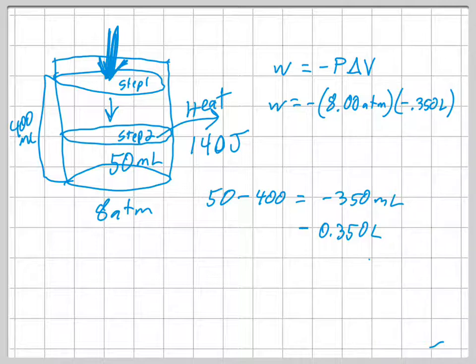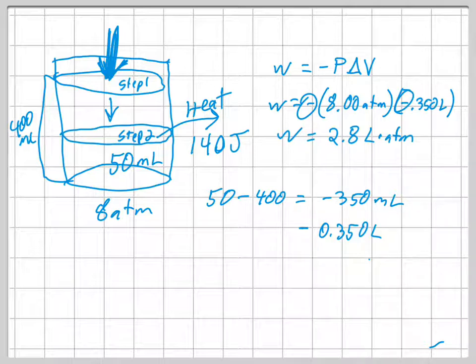So here we put negative 0.350 liters. When we do the math, we get 8 times 0.350, which is 2.8, because we have a negative here and a negative here, so they cancel out. So we get 2.8 liters times atmospheres. That's the amount of work that's done.